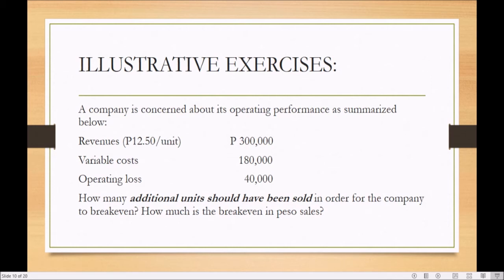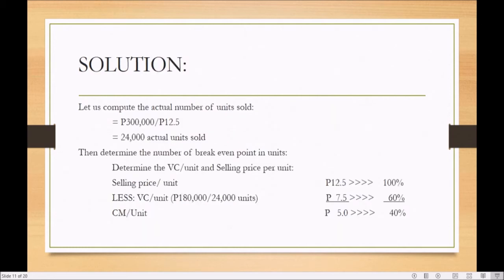Take note, two things are being asked. How much should be added to the existing number of units for us to achieve break-even, and how much is the break-even point in pesos. To answer that, let us first compute the actual number of units sold.